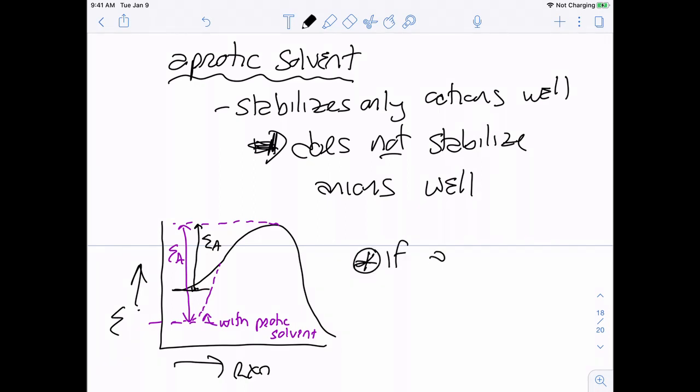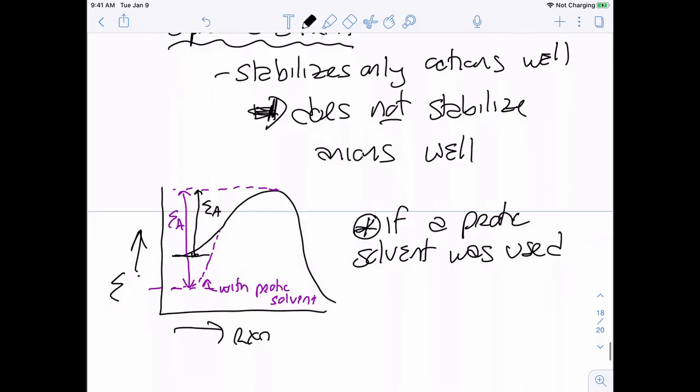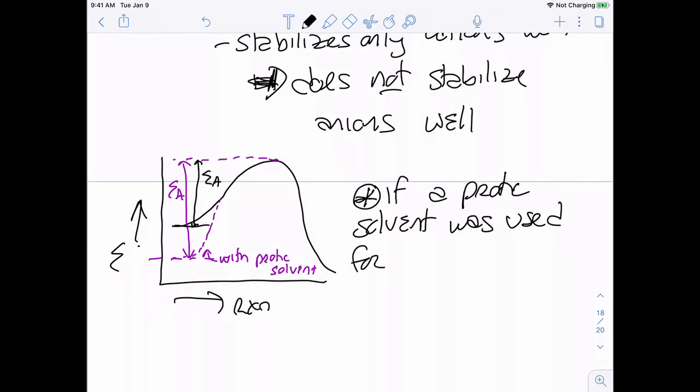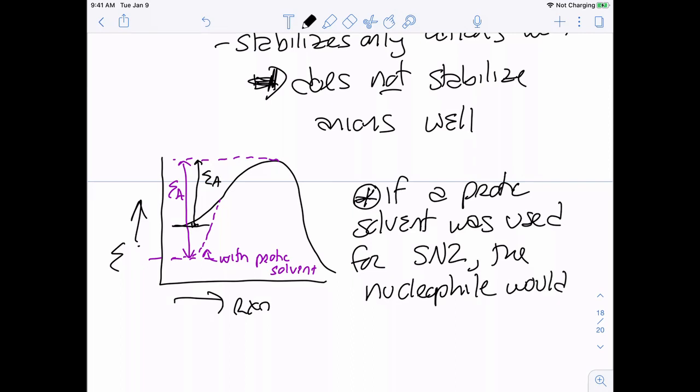If a protic solvent was used for SN2, the nucleophile would be more solvated, right? It would be more hidden, it would be less nucleophilic.